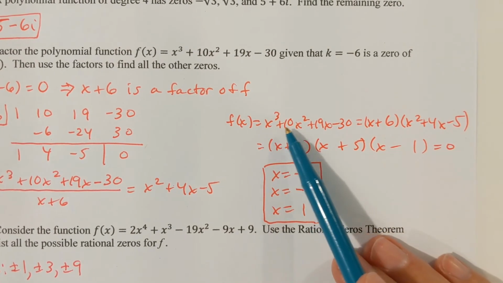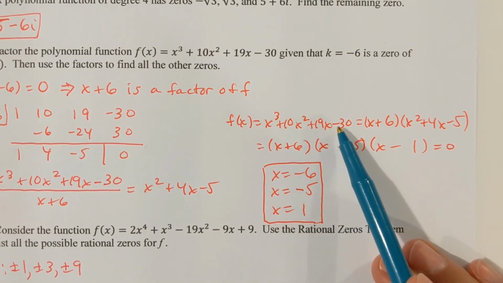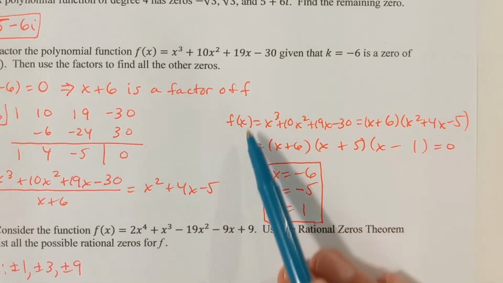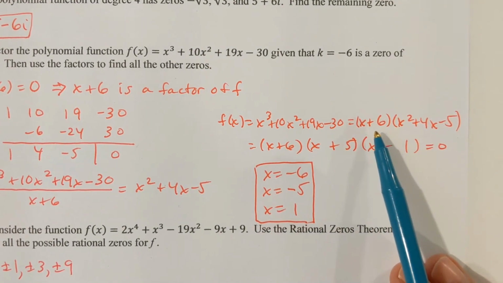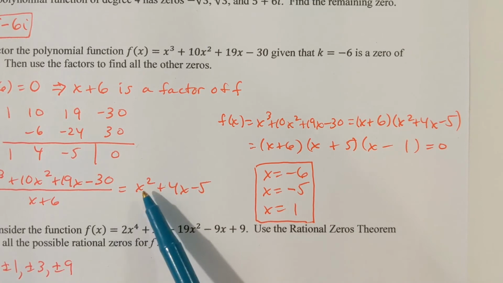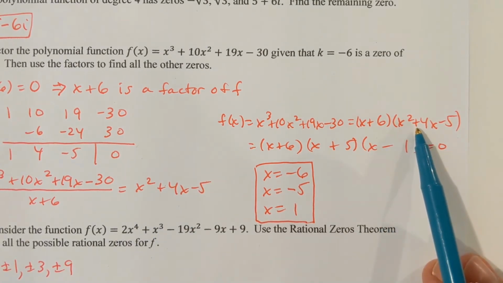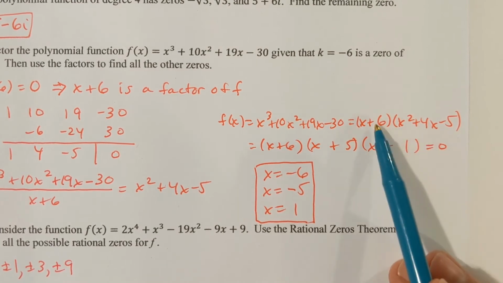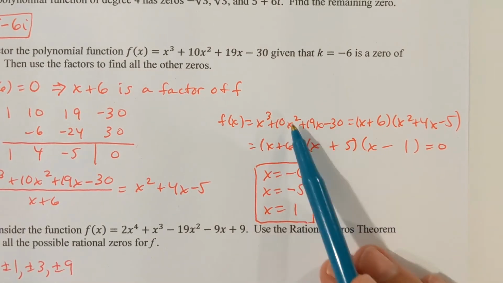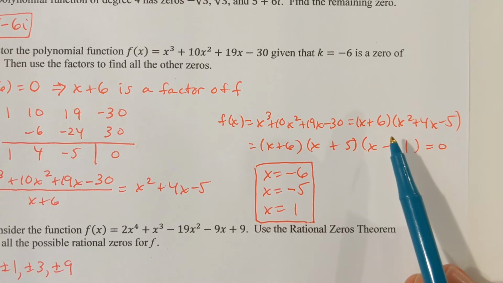And we're going to have x cubed plus 10x squared minus 19x minus 30 on the left. That's what we're calling f of x. And then on the right, we'll have x plus 6 times x squared plus 4x minus 5. So like I said early on here, we are going to factor, and you can see that we've already started to factor f of x.